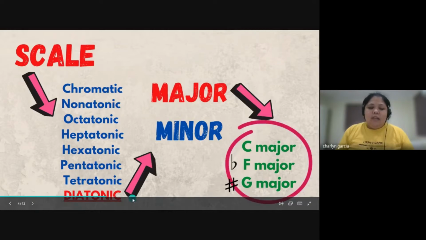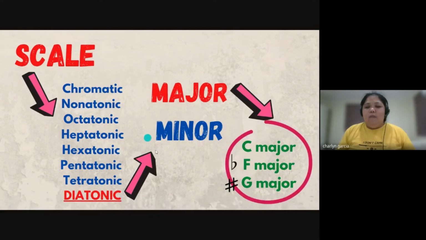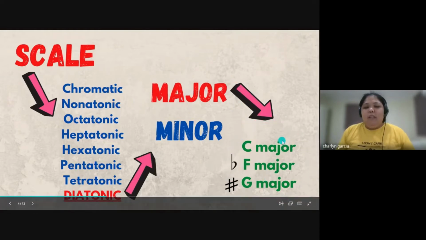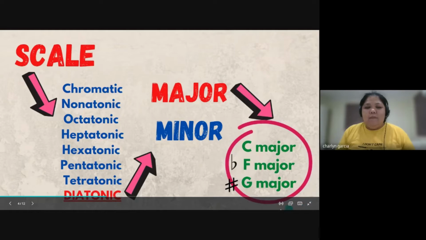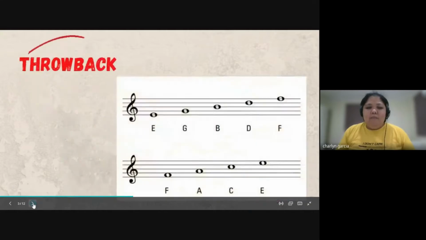So diatonic can be major or minor. So, iwan muna natin tong minor. Dito tayo sa major. Ang major scale ay tatlo. It can be C, yung gamit na gamit, F major, and G major. So, ayan, yung pinanggalingan ng C major, F major, at saka G major.